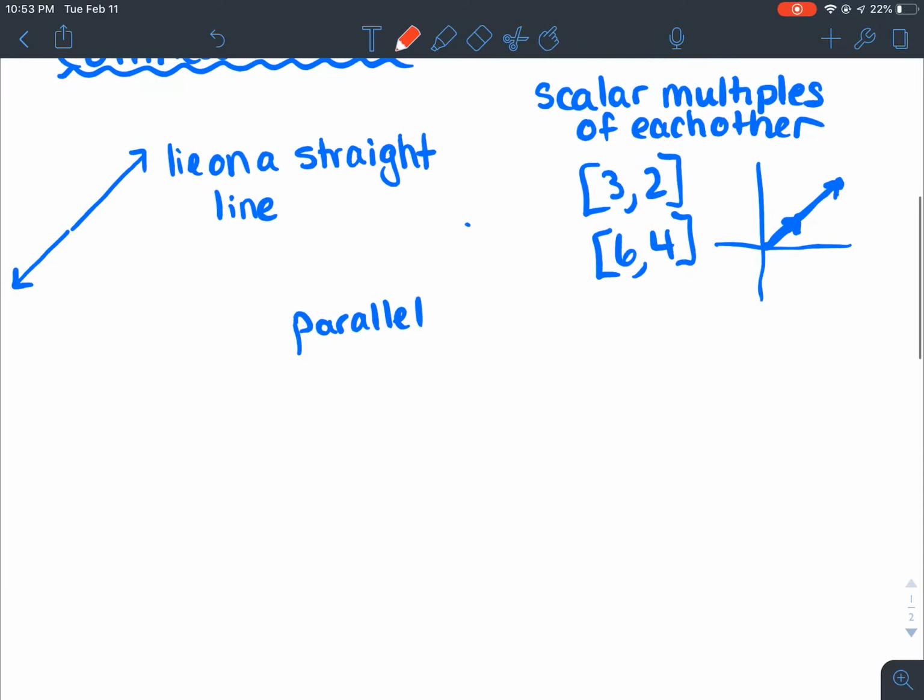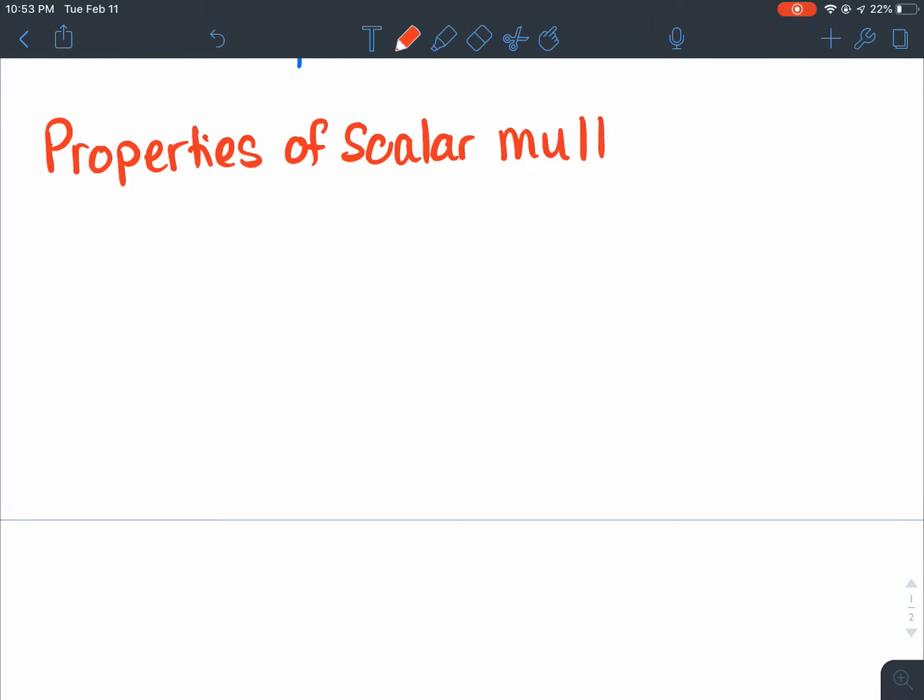Okay, next thing we could say. Just another thing about scalar multiplication. So here are some properties of scalar multiplication. So you know the distributive property that you learned back in grade 9?